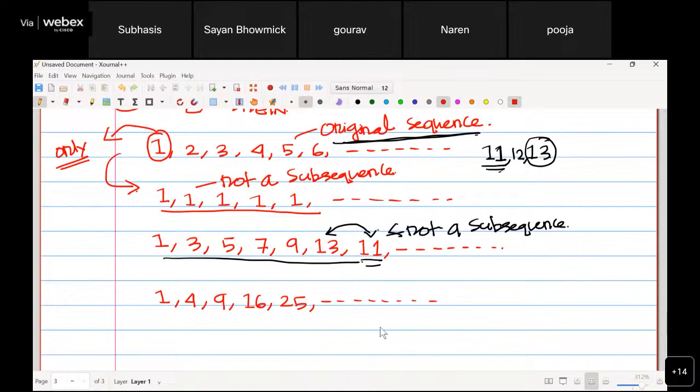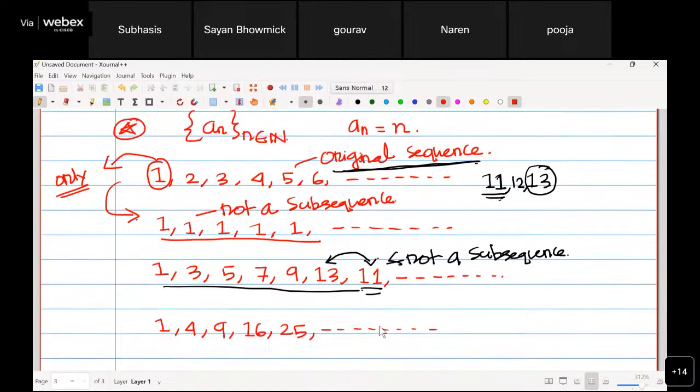As you can see, I'm deleting a lot of elements from the original sequence, while maintaining the order. First I'm taking this one, then deleting this one, then taking this one, then deleting 7 and 8, then taking 9.